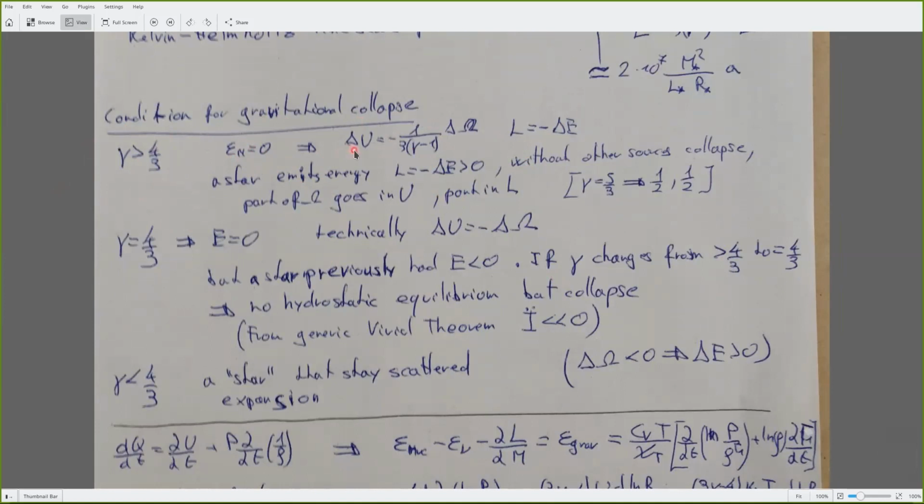The change in internal energy is a fraction of the energy released by the contraction. The other part goes into luminosity, and the star emits energy.